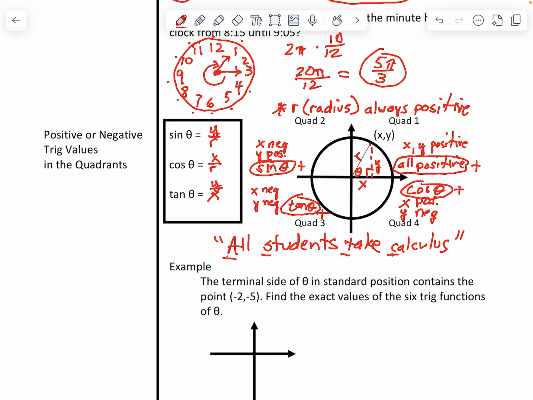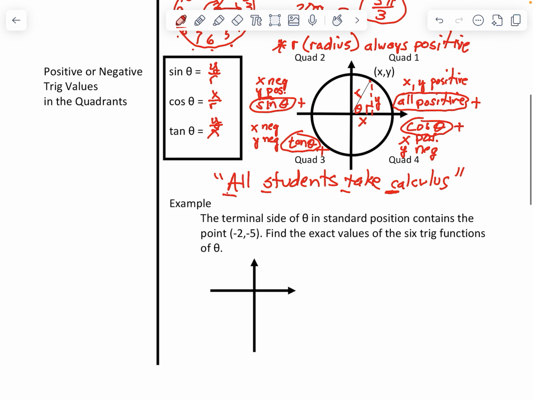In the second quadrant, sine is positive and its reciprocal. In the third quadrant, tangent is positive and its reciprocal. And in the fourth quadrant, cosine is positive and its reciprocal. So that will help us remember using that phrase as to which ones are positive in which quadrants.